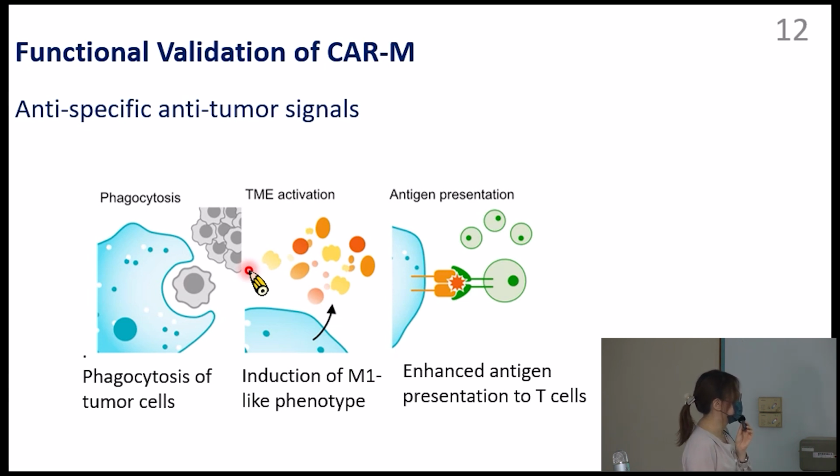The second is they want this macrophage to have an M1-like phenotype. And the third, important because as I mentioned previously, macrophage is a professional antigen presenting cell, so they want this macrophage to be a great antigen presenting cell and recruit T cells into the tumor microenvironment and further kill the tumor cell.